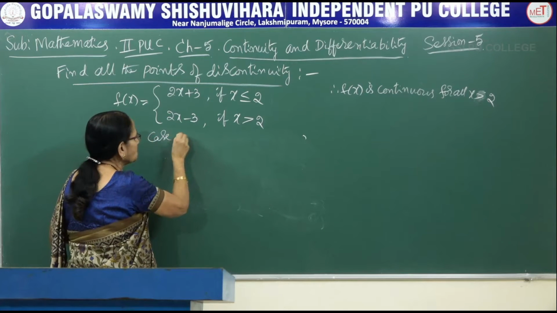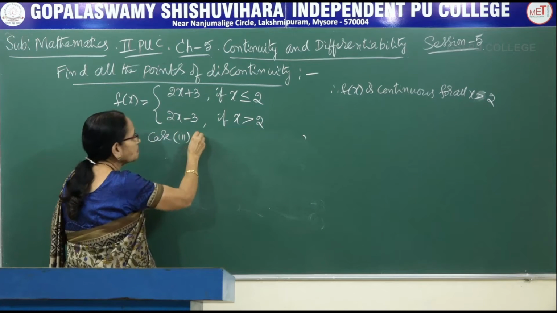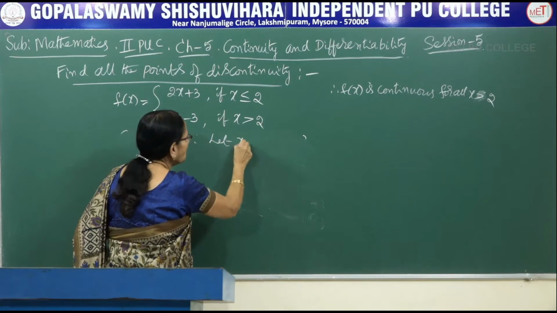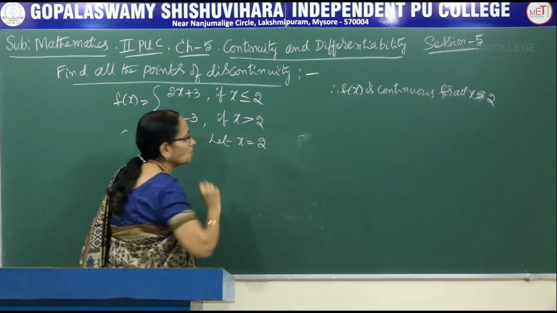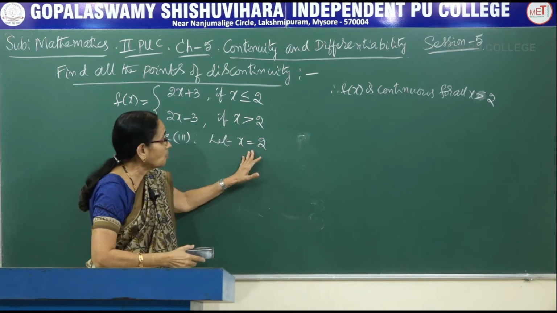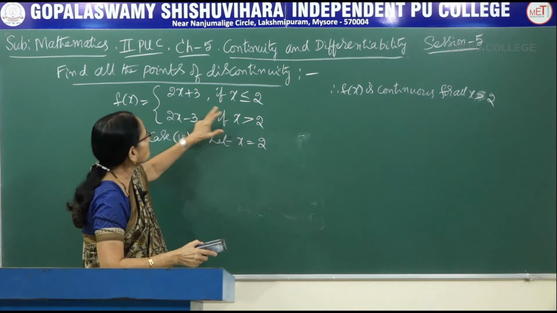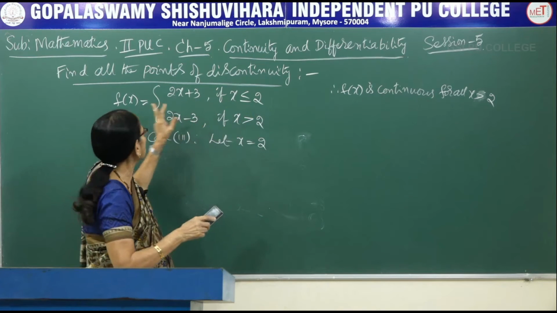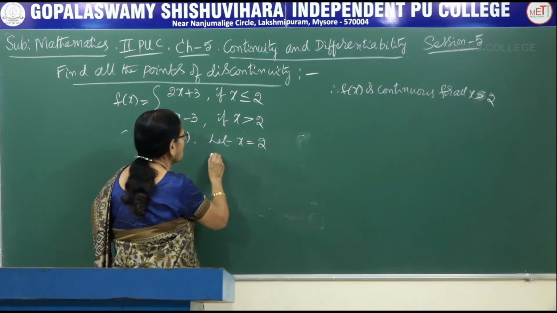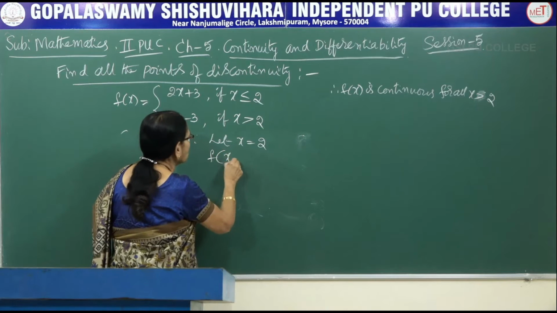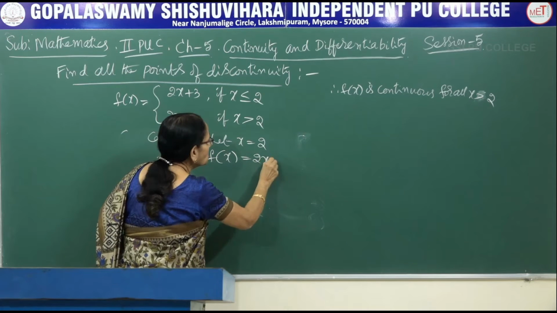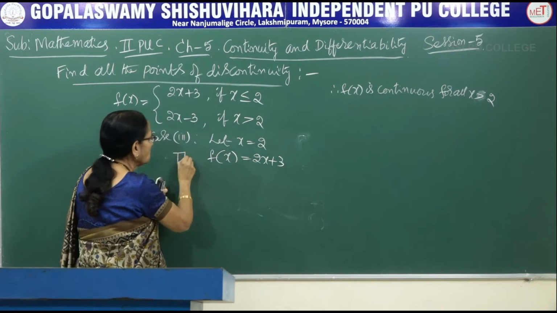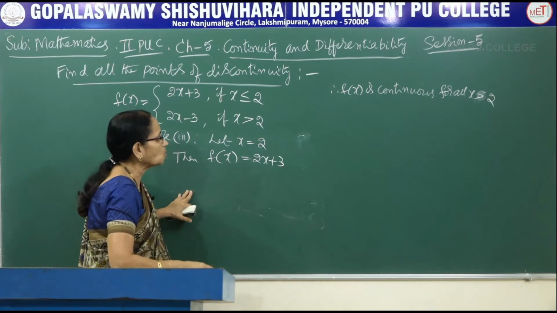So, let me consider case 3. Let x be exactly equal to 2. Now, it is the same value, not lesser or greater than. So equality is here. That means when x is equal to 2 also, the function is defined like this, f of x equal to 2x plus 3.